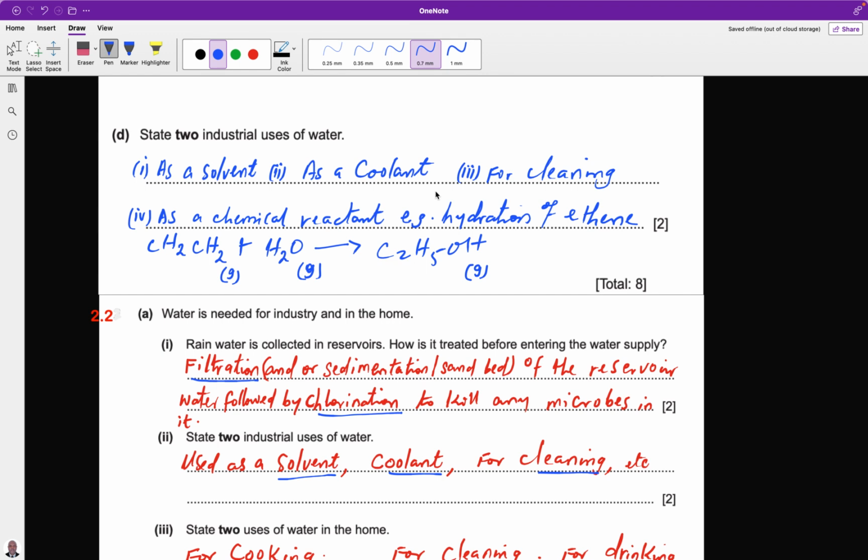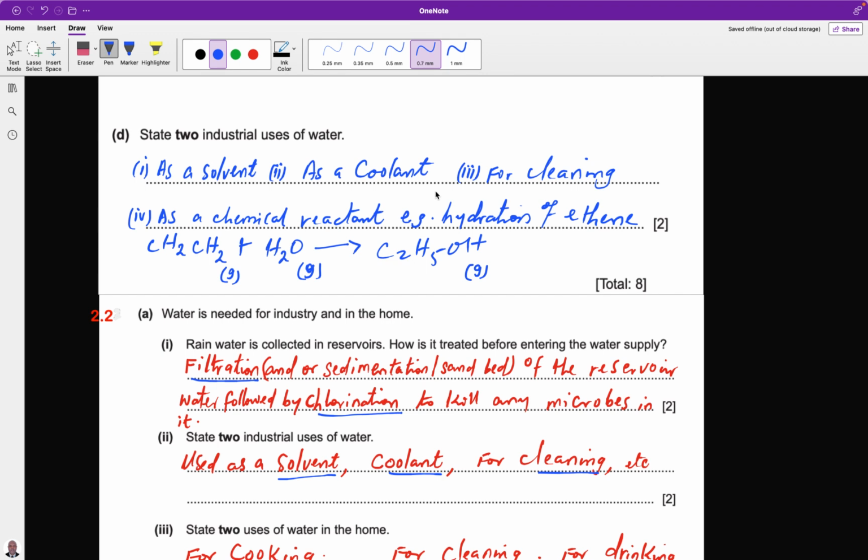The fourth one, in industries producing sulfuric acid, the product is finally diluted with water.